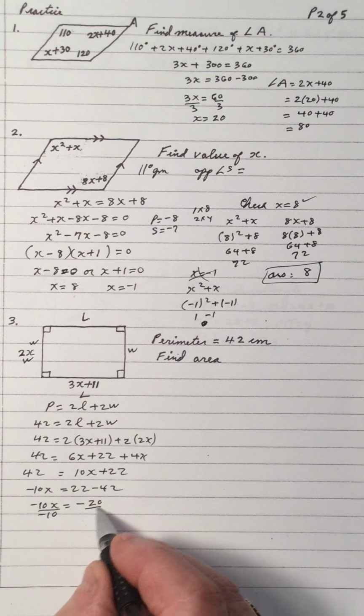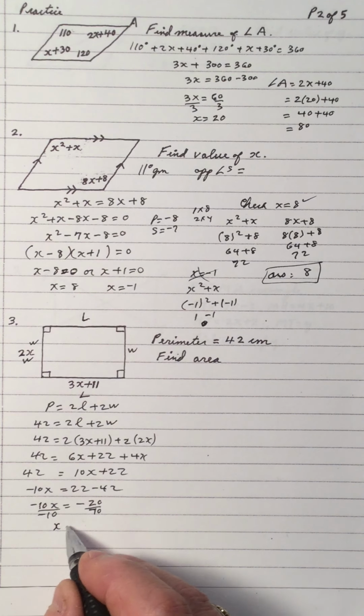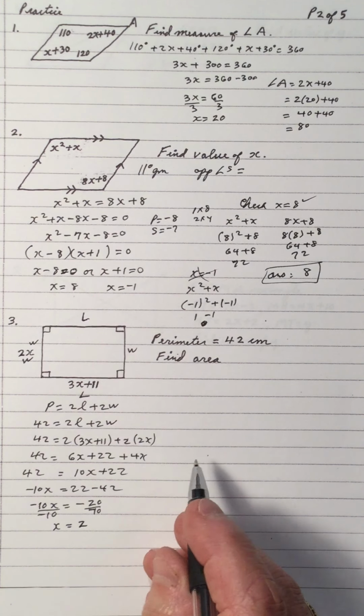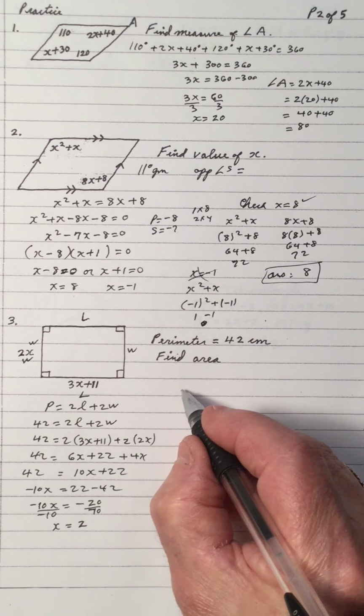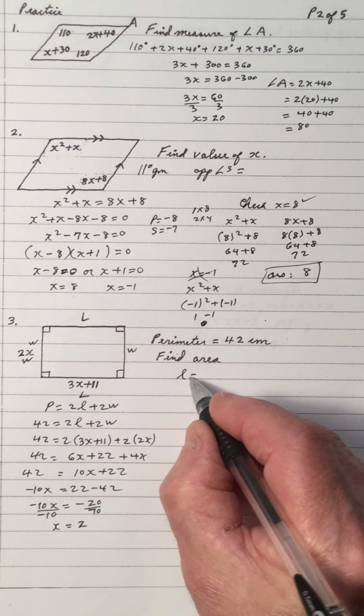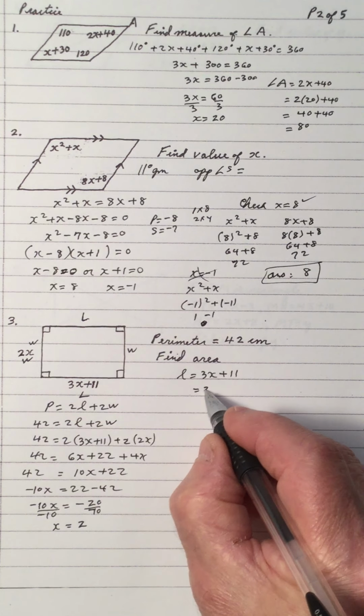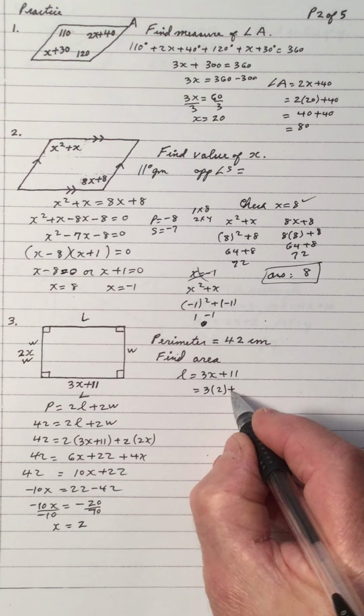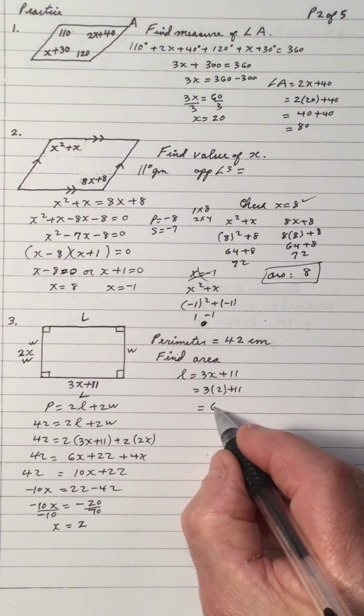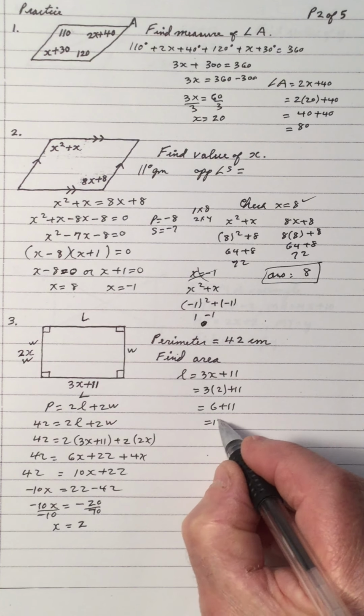Divide by negative 10. x is 2. So if x is 2, let's look at the length, 3x plus 11. 6 plus 11 is 17.